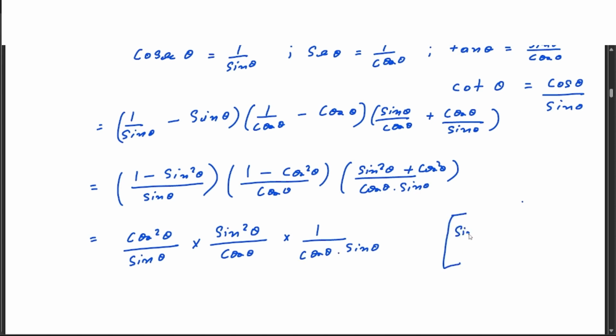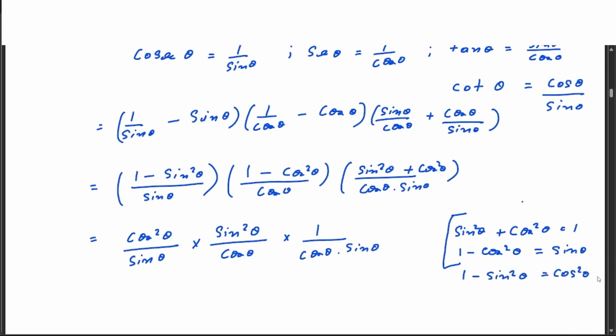Now here make sure you can cancel very quickly, and you have to follow this identity. I'm writing here sine square theta plus cos square theta is equal to 1, and the same identity you can change: 1 minus cos square theta is equal to sine square theta, and 1 minus sine square theta is cos square theta.